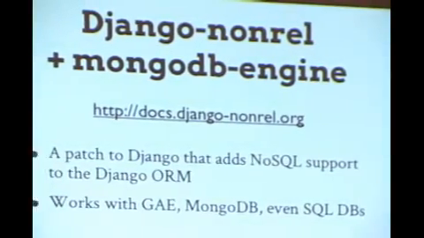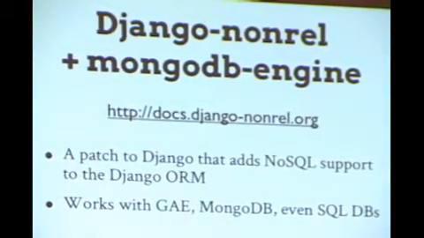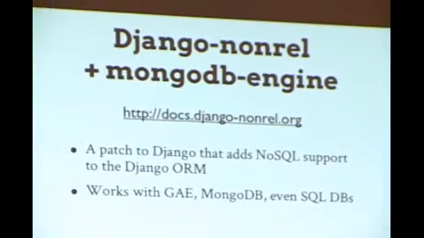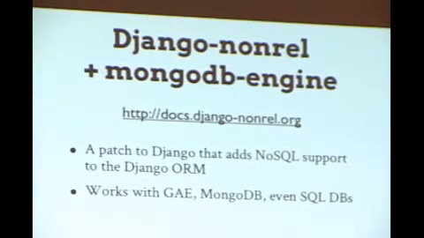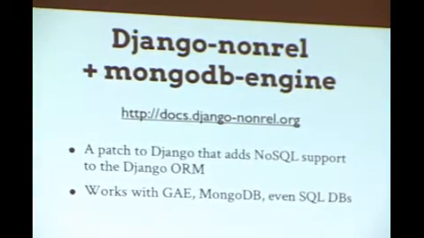It's actually a fork of Django, where they change a few of the underlying undocumented bits and add NoSQL support to the Django ORM, and it's designed to work with different kinds of backends. So there's a Google App Engine backend. The MongoDB backend is MongoDB Engine. You can even use the SQL backends.